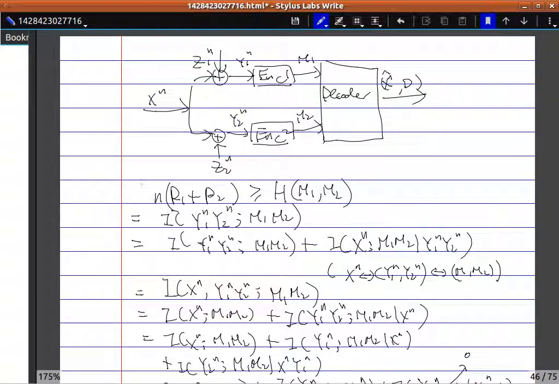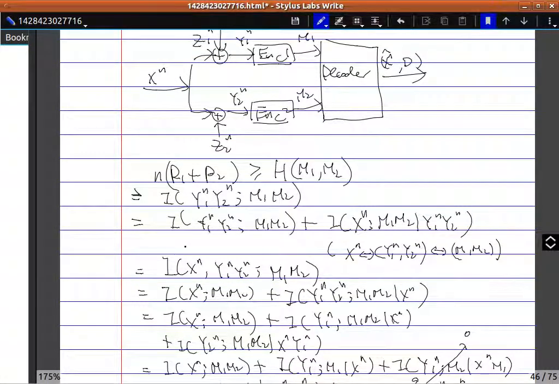First, consider the sum rate bound. We have the sum of the rates R1 and R2 will be bigger than the joint entropy of the messages actually sent to the decoder. This joint entropy will be bigger than or equal to the mutual information between the messages and the observations y1^n and y2^n.